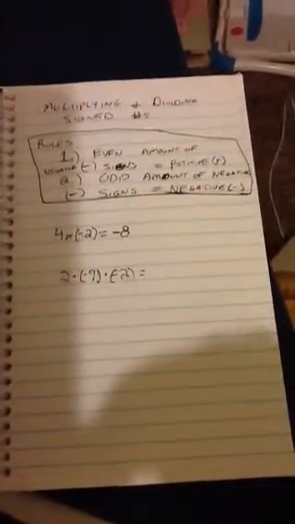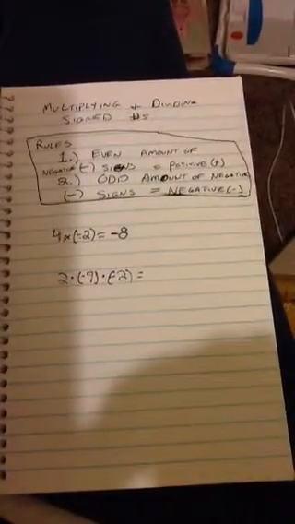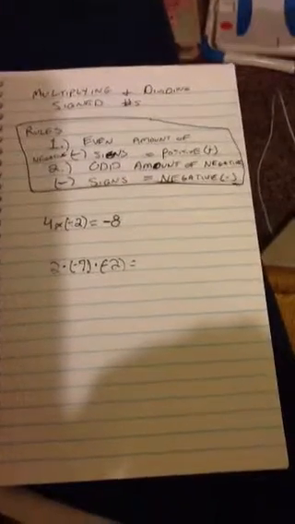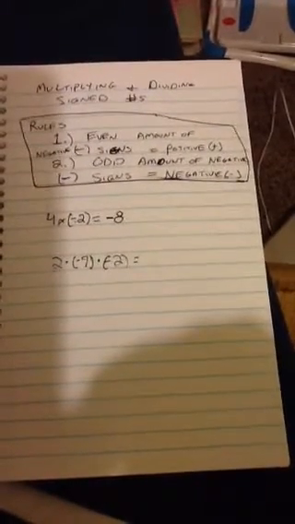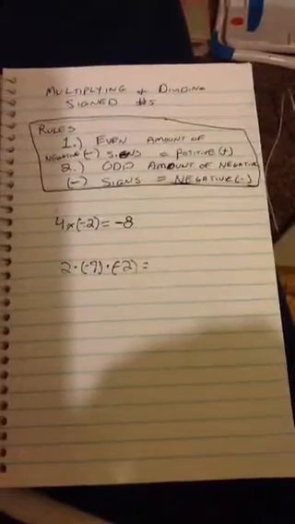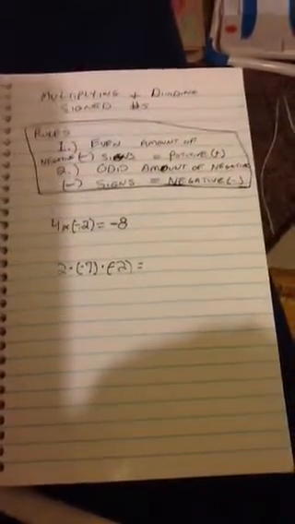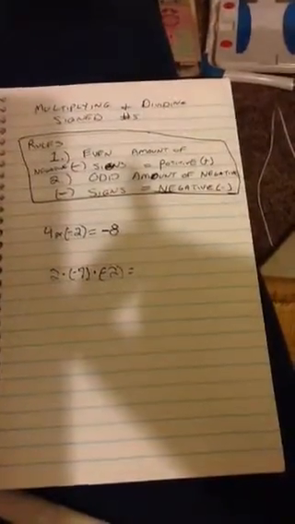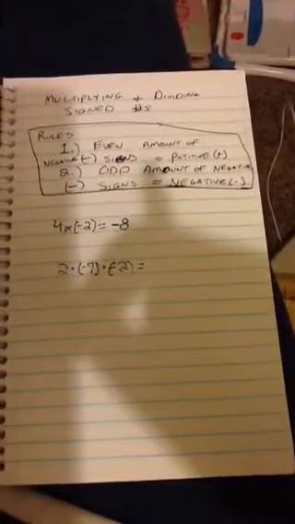So we have 2 times negative 7 times negative 2. Here's what I want you guys to do. I want you to go ahead and pause the video and work that out all by yourselves using our rules right up here, and then come back to the video in just a little bit.